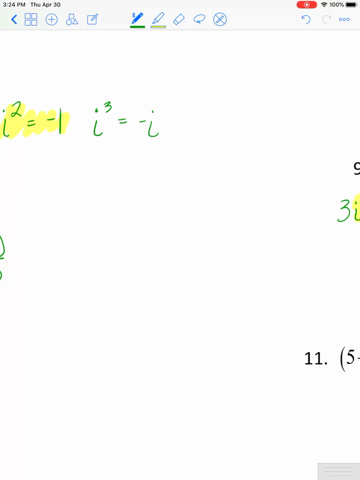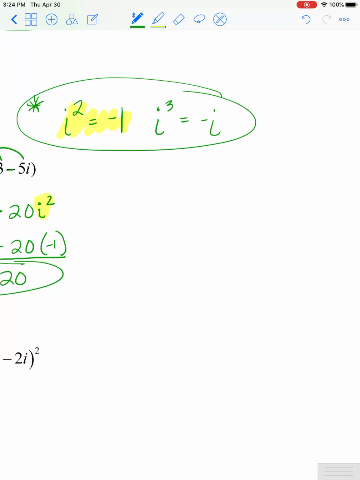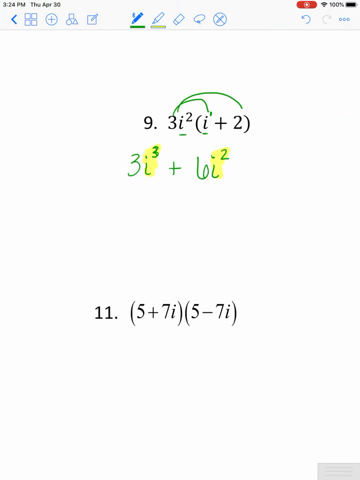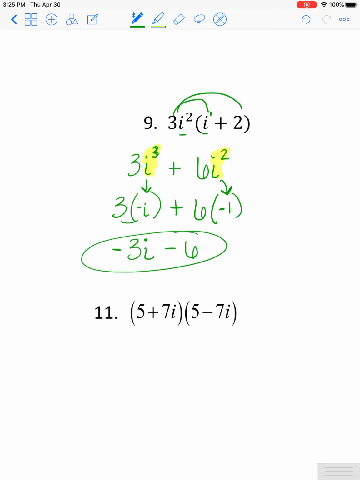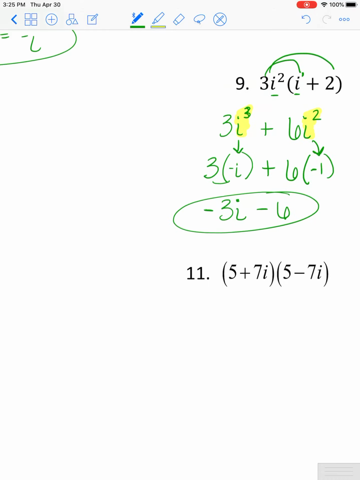So what I'm going to do is change those into the values that I know, which happen to be right here. So I know that i cubed is really a negative i. So all I'm doing is converting that. Plus 6 times, I know that i squared is a negative 1. I'm going to simplify it. If I multiply this out, this is just a negative 3i minus 6. My final answer.